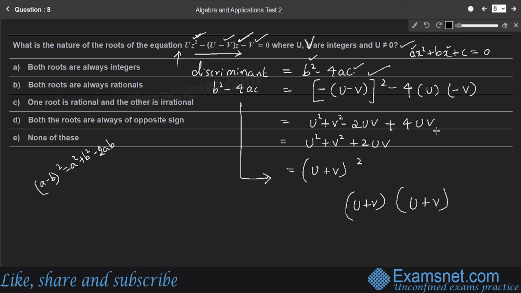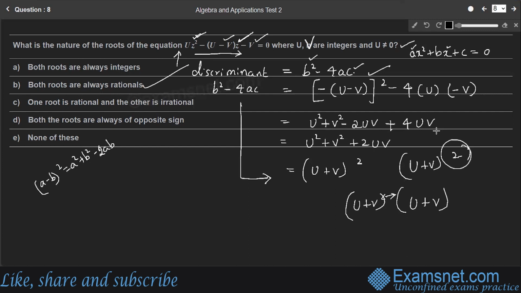Therefore, there is a solution for the given quadratic equation, and these are the roots. So u plus v and u plus v are the roots, and this is a square, u plus v the whole square. This square indicates both the roots are rational roots, always rational, right?